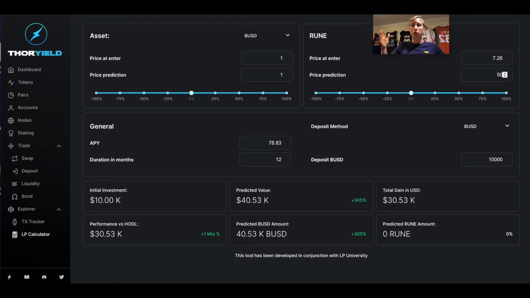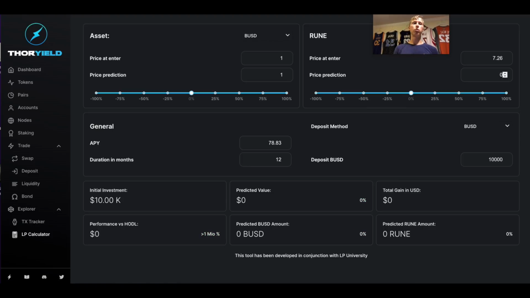But still, dude, you 4x'd your money, and whereas before you're like, I don't want to do it. I got some stables. I'm going to go here and farm on AAVE and get 2% APY on my USDC because I like centralized stable coins and I like to play around with 2%. Okay, that's fine. You could do that. I'm not telling you can't, but I just want to show you this.